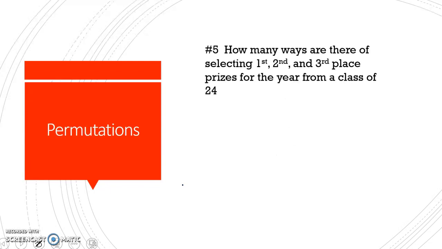Let's move on. Now let's talk about permutations. It's kind of the same thing as factorials, except we're not going to go all the way down to 0. So for example, let's say you want to determine how many different ways there are of selecting a first, second, and third place prize for your class of 24. So let's say at the end of the semester, I'm going to give these awards out, and I'm going to pick the very best student that I have out of 24 kids.